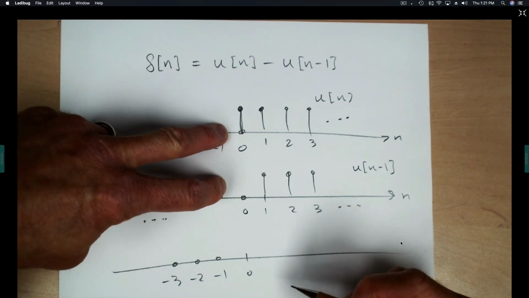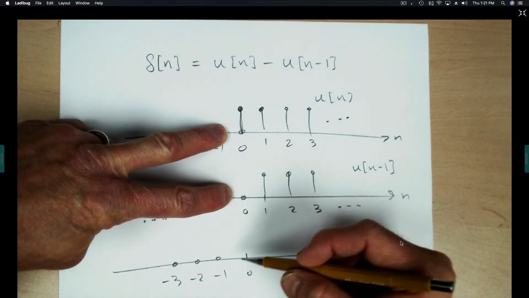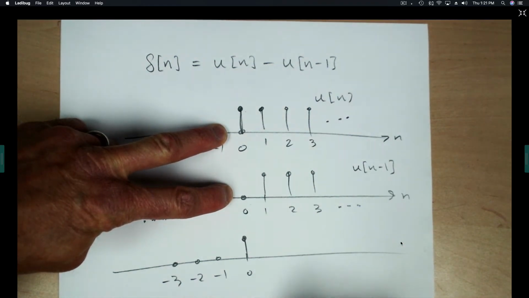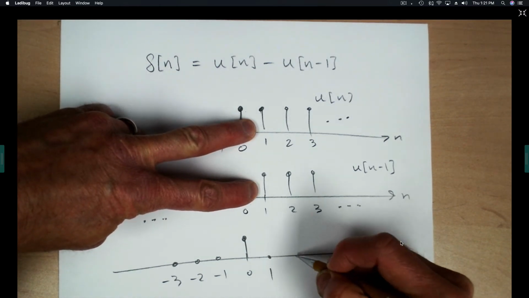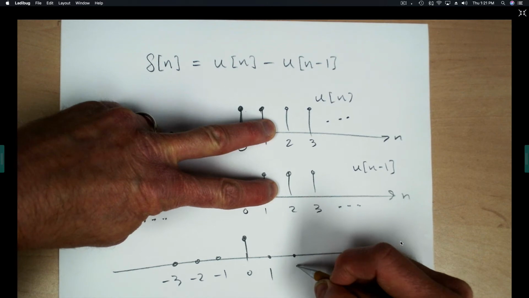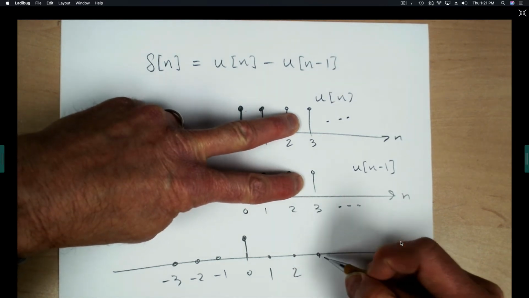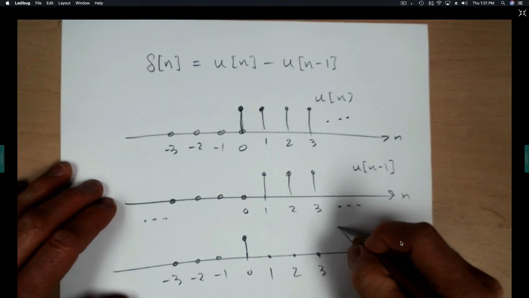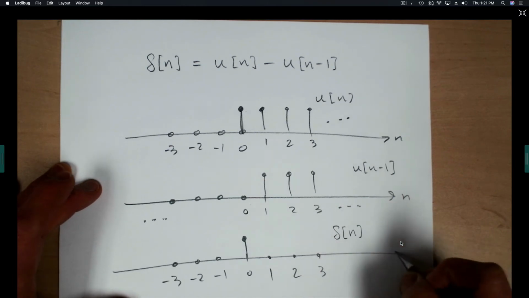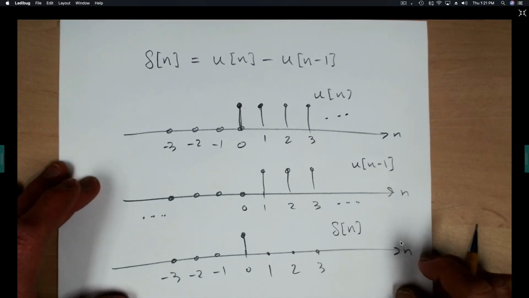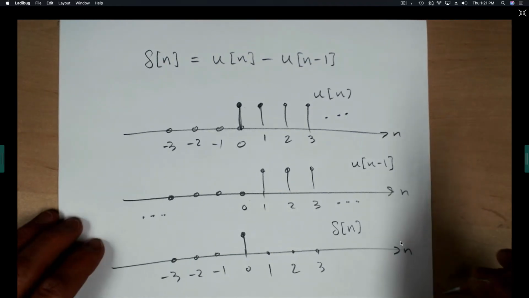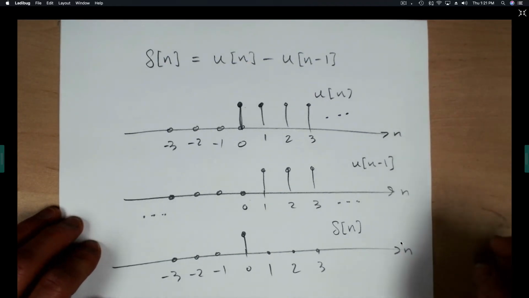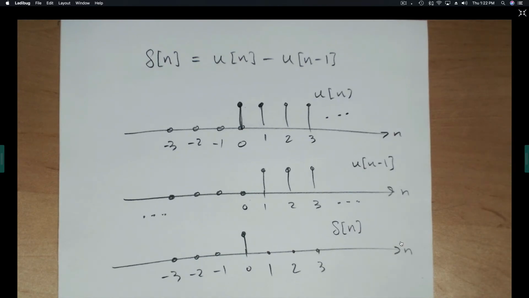At time 0 I have 1 minus 0, so that's 1. And then at positive times I have 1 minus 1, which is 0, at time 2 and 3, and so on. So this is delta n. And that's a quick, I don't know if you'd call it proof, but a graphical proof that this property is true.